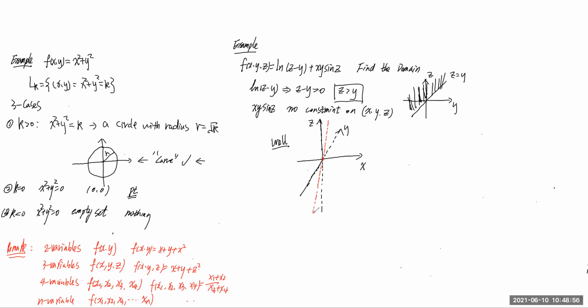Z is greater than Y, which means that in the YZ plane, above this line, for every X we draw a line like this.